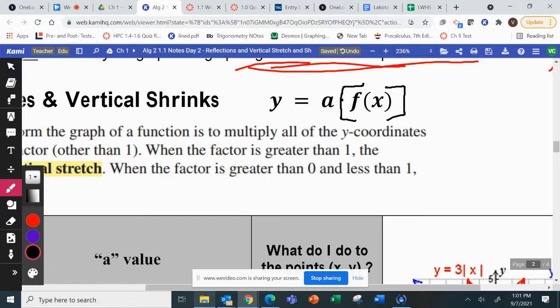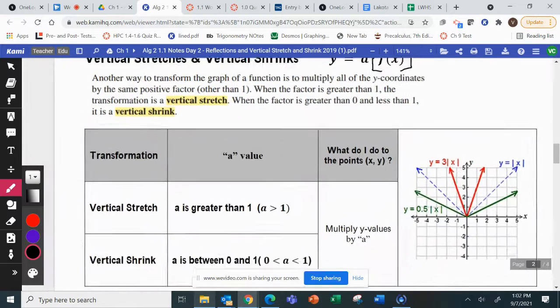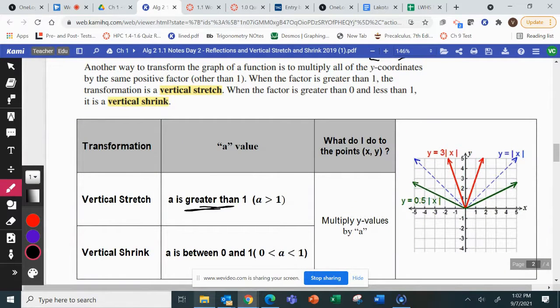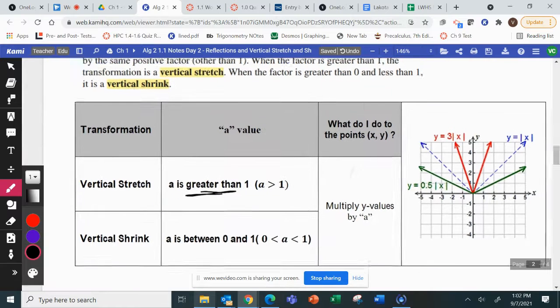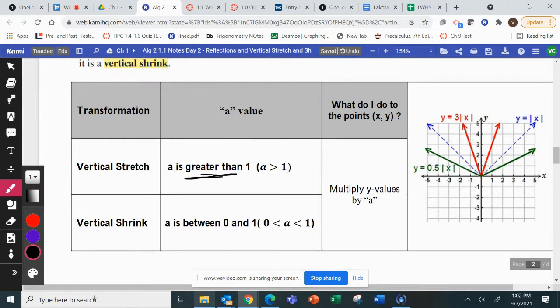If I said a was 5 and I was doing 5 times the graph, do you think that would make it bigger or smaller? Bigger. If I said half of the graph, that'd be smaller. That's common sense. So this is vertical, this is common sense. So if the a value is greater than 1, it's going to make it bigger. It's going to be a stretch. If the a value is between 0 and 1, that's a shrink.